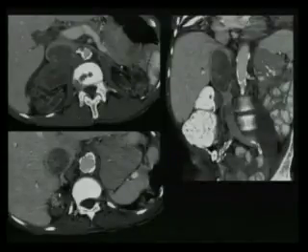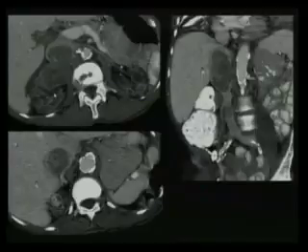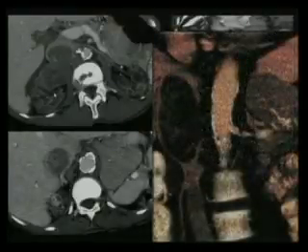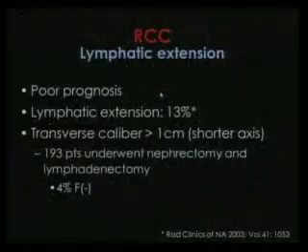In this patient, we have two different tumors, one in the upper pole, the other one in the interpolar region, and the second one is the one invading the IVC. This tumor is also to show how is the vascularity of the tumor and how can the tumor develop collateral vessels to supply the area.